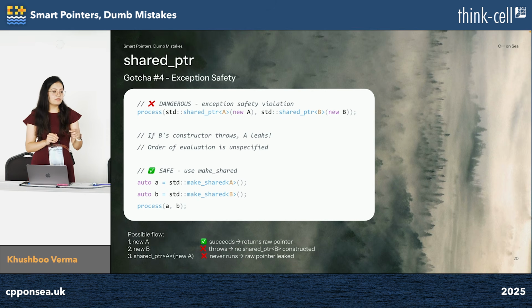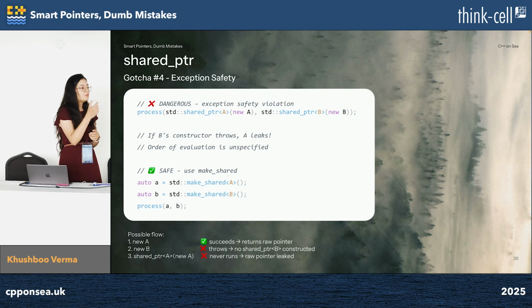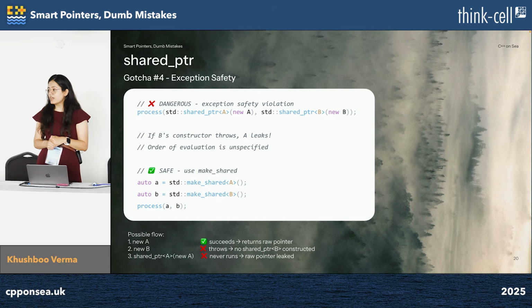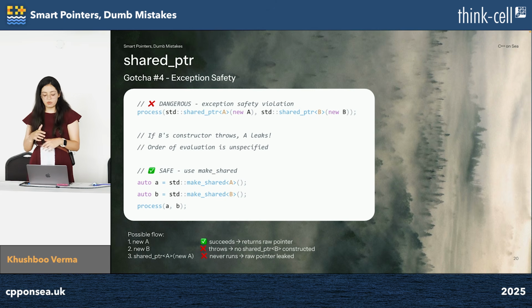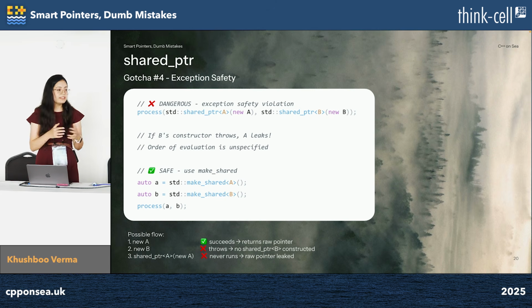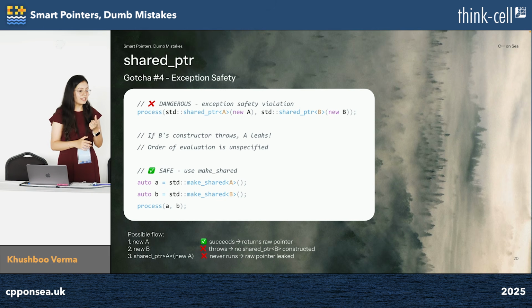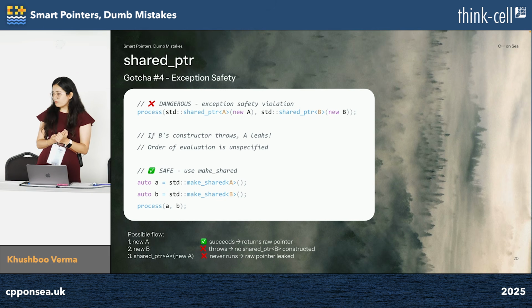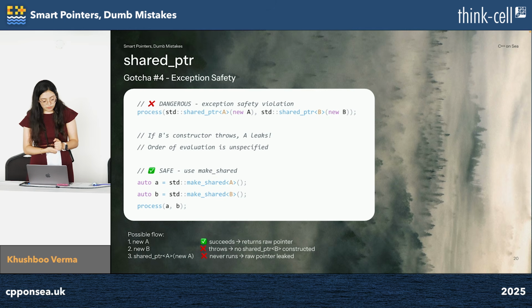But let's say new A happens and new B fails. Then new A is still going to be dangling somewhere. There is not going to be a proper cleanup for that new A that was already done. So if any exception occurs in this particular line, I'm going to have dangling pointers and memory leaks. This is not a good way to write this line.